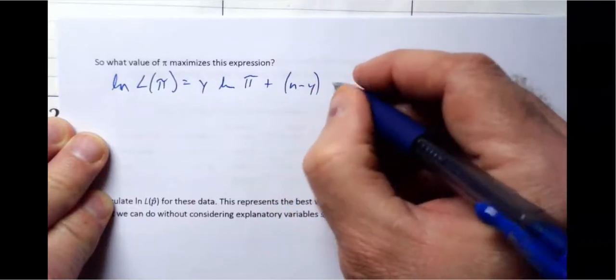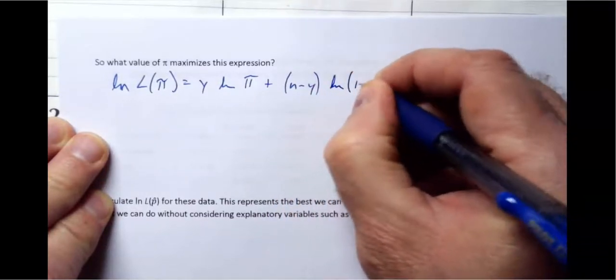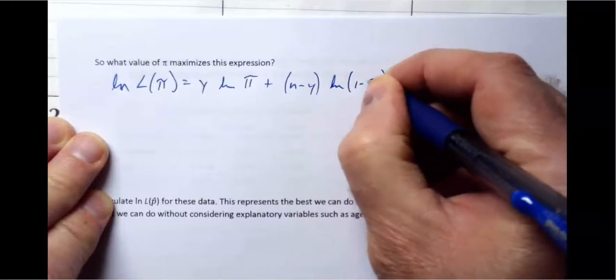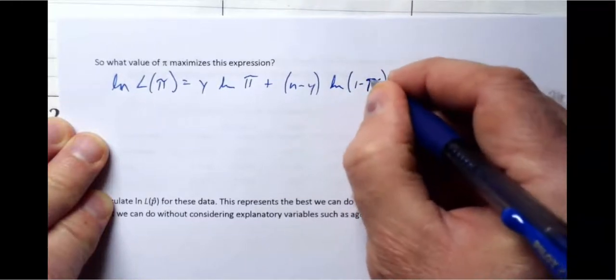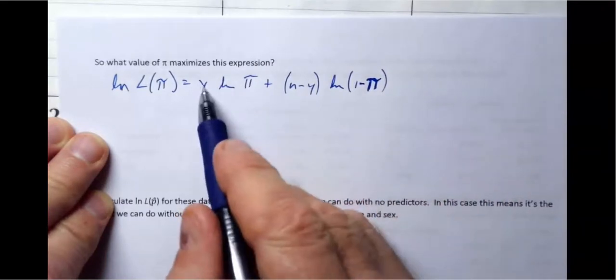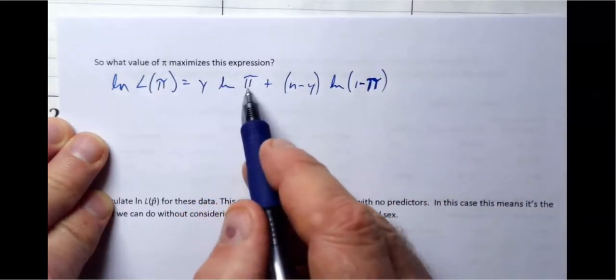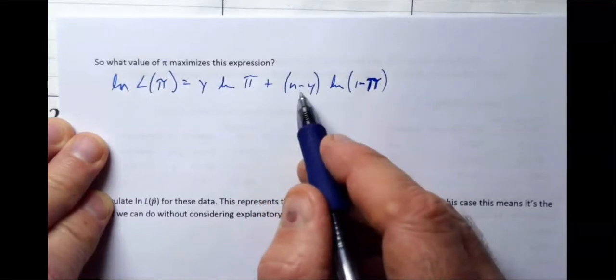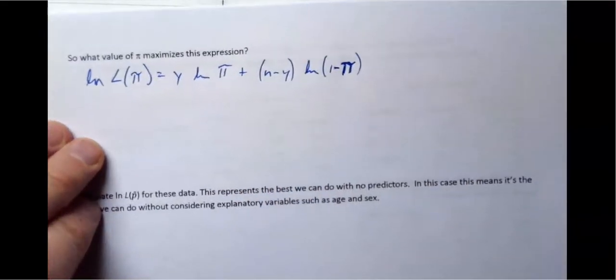Pi is the probability of survival, so 1 minus pi is the probability of non-survival. You can sort of see how this is working out. The number of survivors times the log of the probability of survival, plus the number of non-survivors times the log of the probability of non-survival.